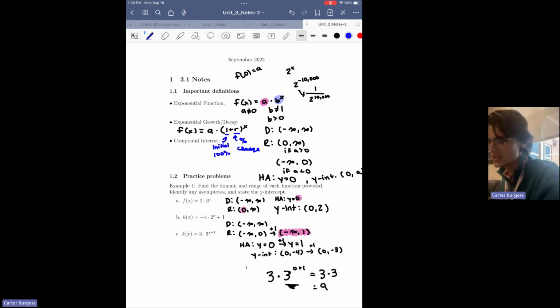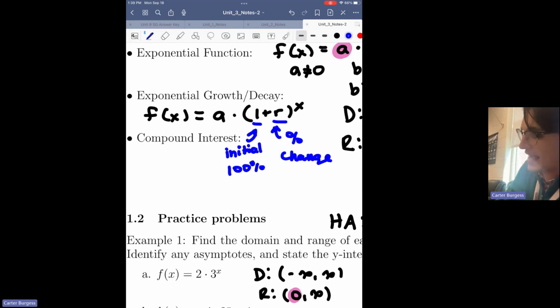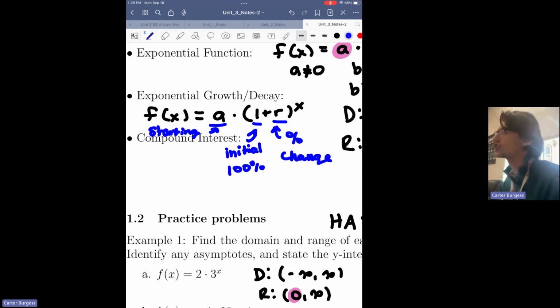Very good. And then to that end, this value of A is going to be our starting amount. So if I'm starting with 100 individuals, then A in that case will be 100 and so on.